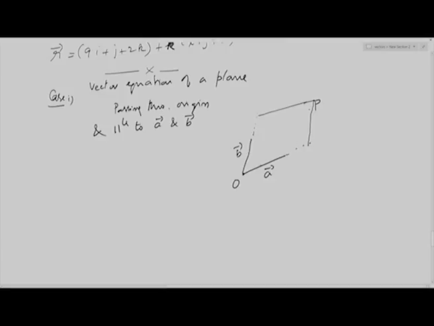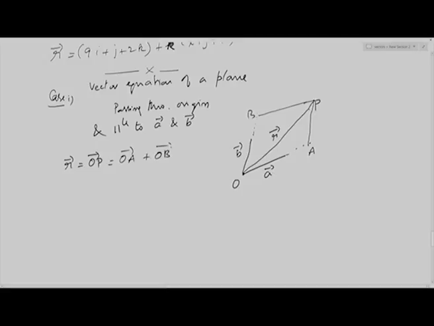Now, if I look at this P, the position vector of P, let us call it R, then R is simply nothing but OP, which is equal to, let us say this point as B, then it is simply OA plus OB.